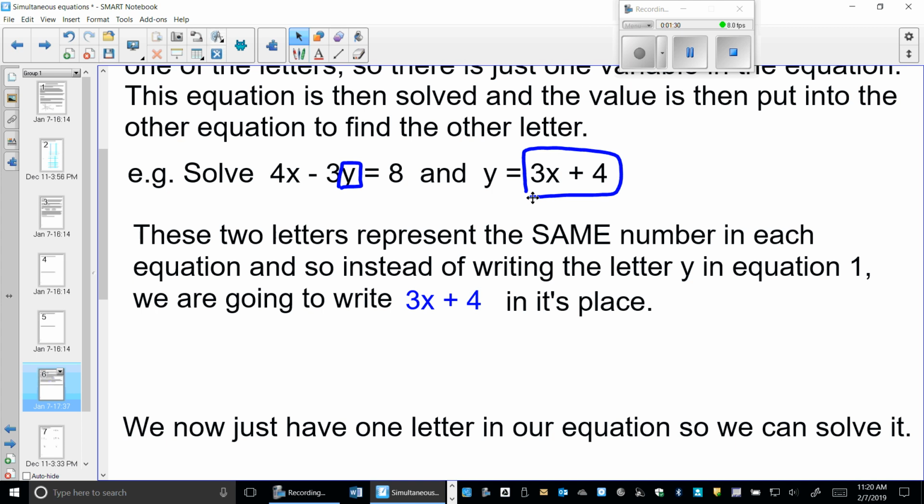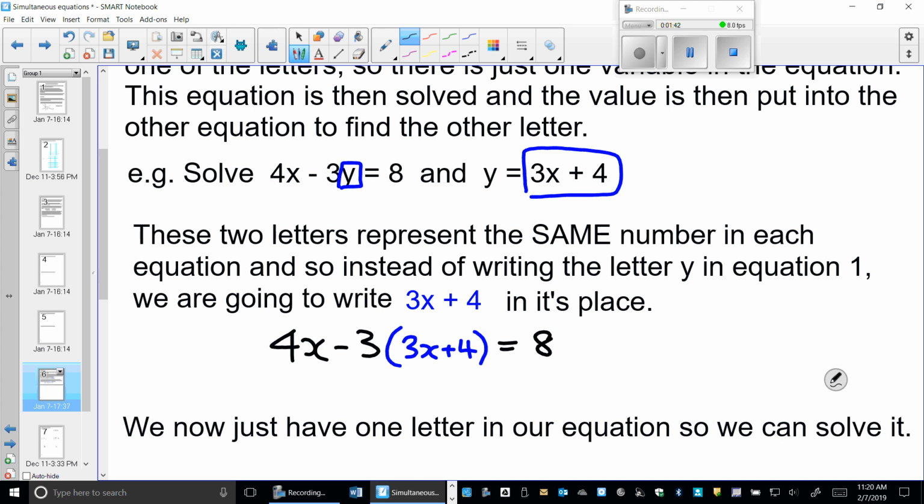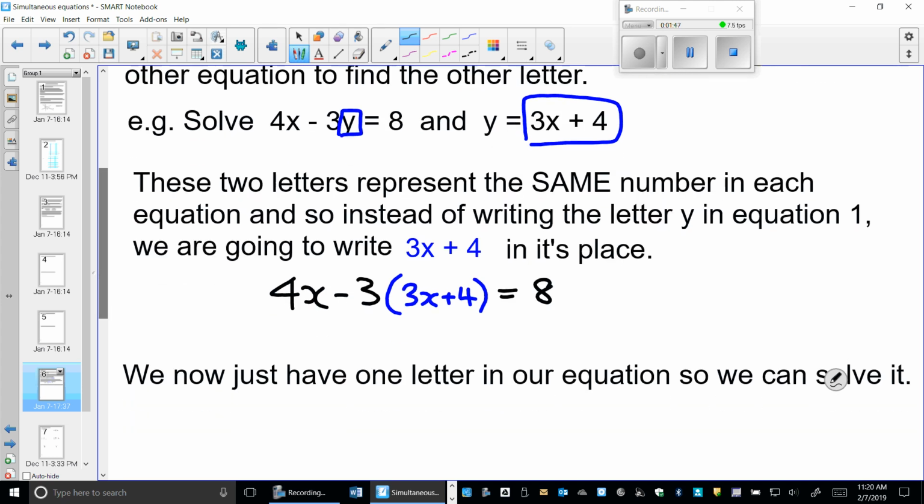So what I would write here is 4x minus 3 lots of 3x plus 4 is equal to 8. Now, does everyone see what happened there? If we were told that y is equal to 3x plus 4, then in place of this letter y in the first equation, I'm going to write the expression 3x plus 4. Yes? Okay?